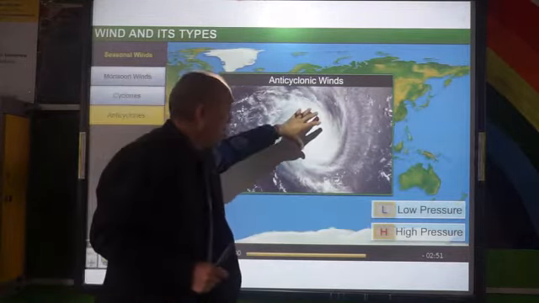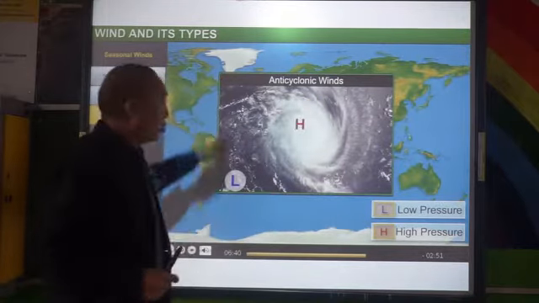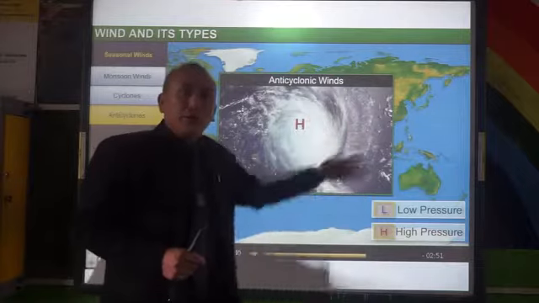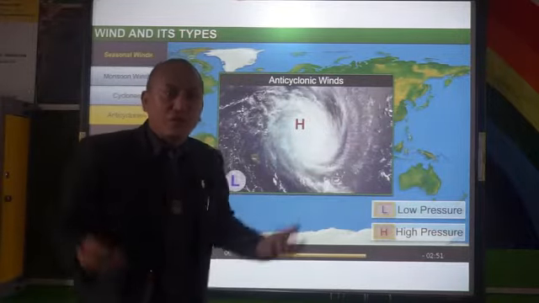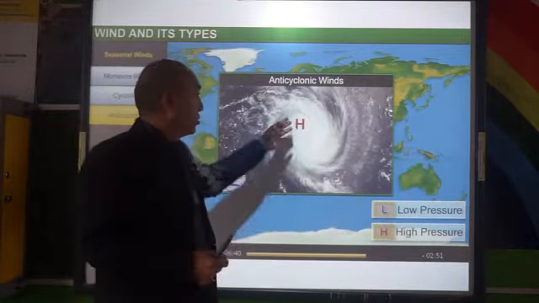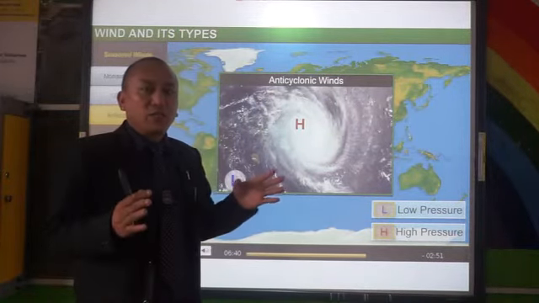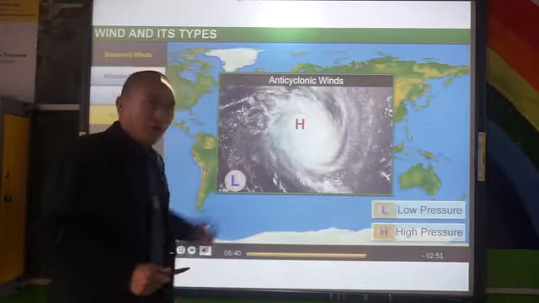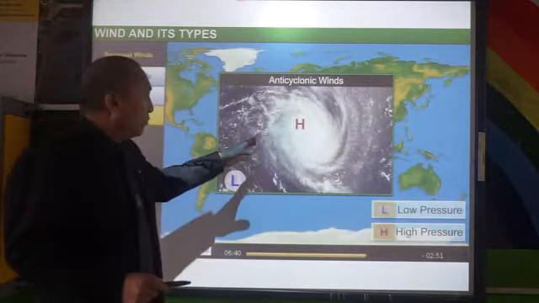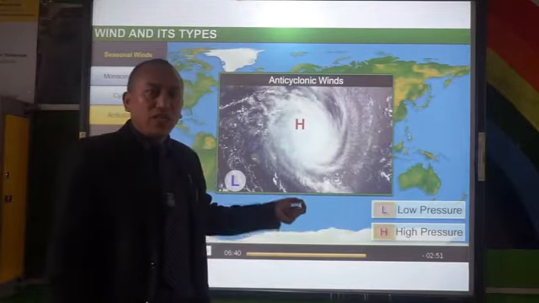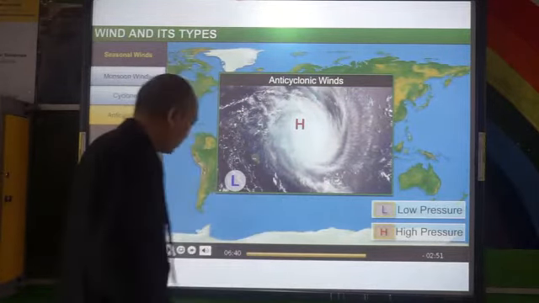That means the air is cold in the center, and the surrounding is warm. So winds blow from the center outwards, which have no rainfall, and they are very dry as well. During this time, the sky is also very clear and sunny, because they don't bring much rainfall. So these are the examples of the variable winds, the cyclones and the anti-cyclones.